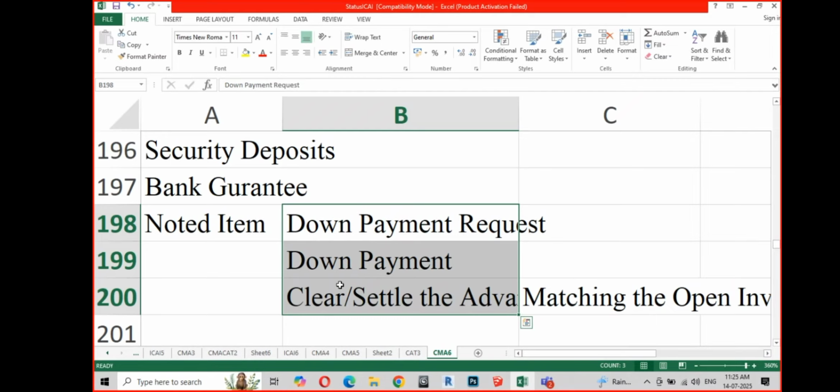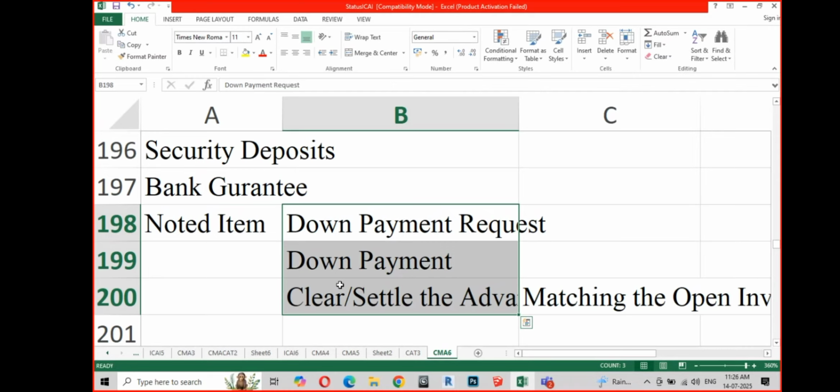This noted item is just informatory lines in your financial statements. Just like in a typical balance sheet, at the end you will have some points. All these are noted items. They do not have financial impact. It is just information. You got my point? Such things are referred to as noted items in SAP.